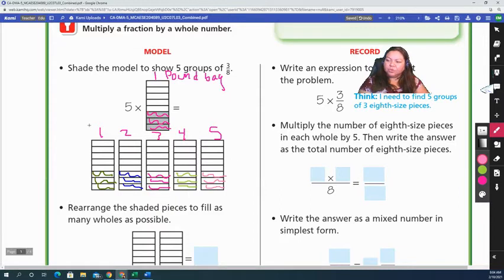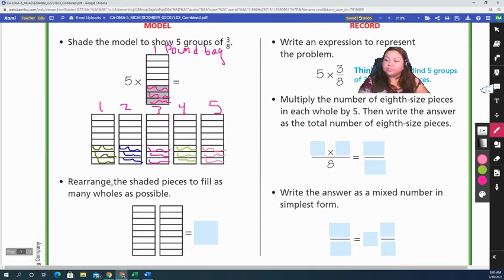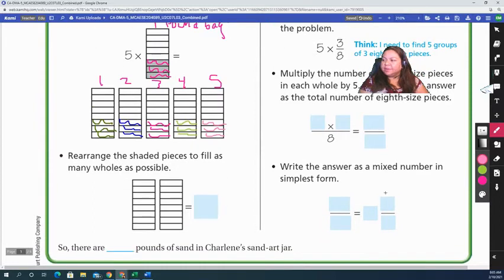Okay? 3 out of 8 parts. I only shaded 3. But now what we're going to do is rearrange the shaded pieces to fill as many holes as possible. In other words, I'm going to combine all the shaded parts to find out how much sand is in the jar. So I'm going to add these here, shade them in, but using only one model.